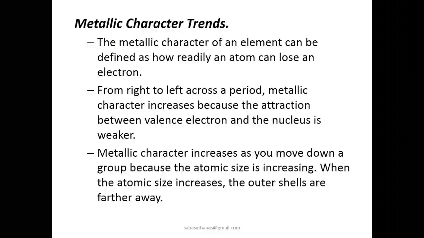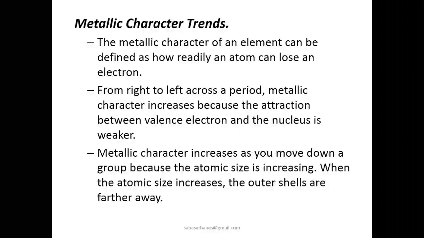Kwa sababu as you move across the period from left to right, the core charge increases, the force of attraction increases. Kwa ile the tendency of an atom to lose an electron, or the ability of an atom to lose an electron inakuwa ni very weak.